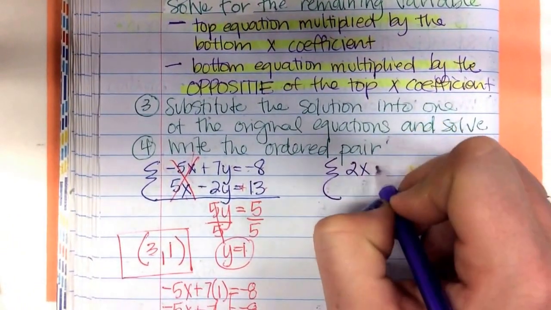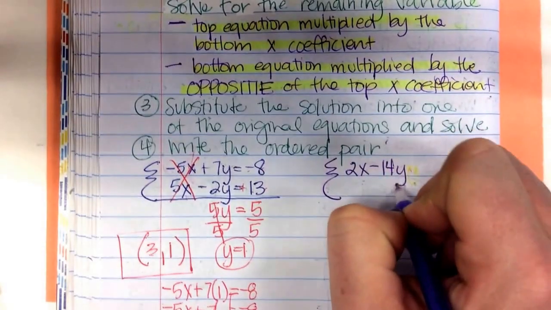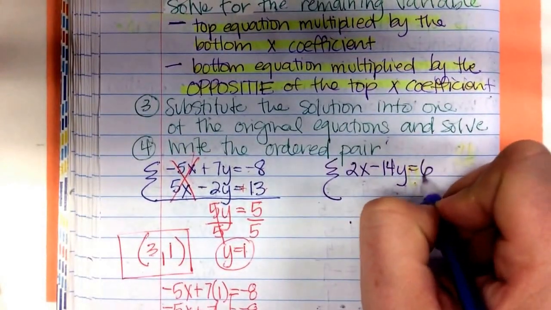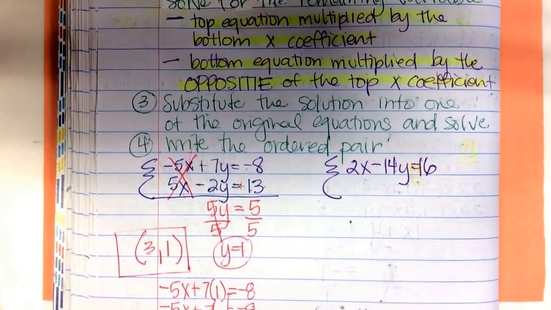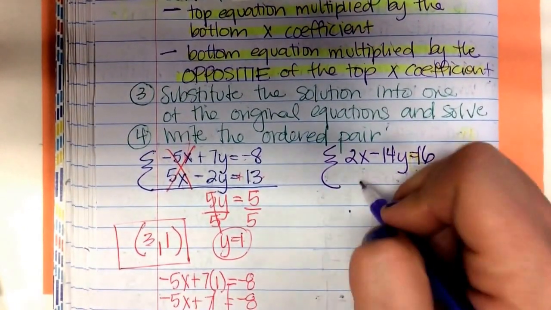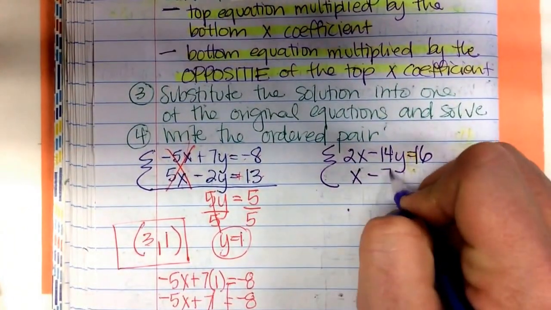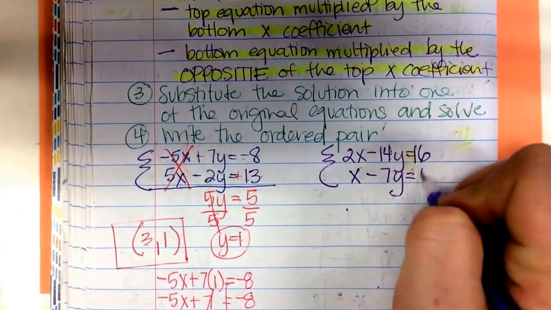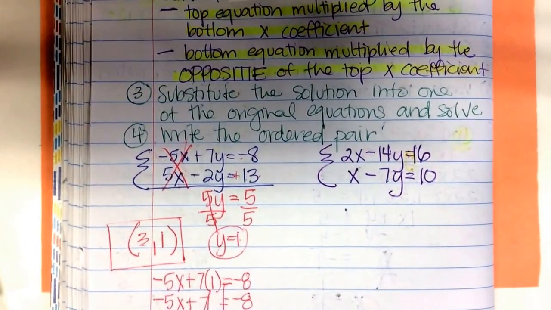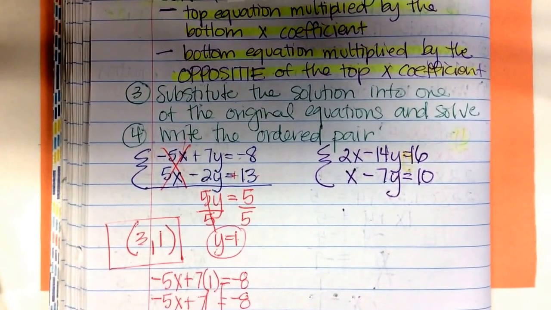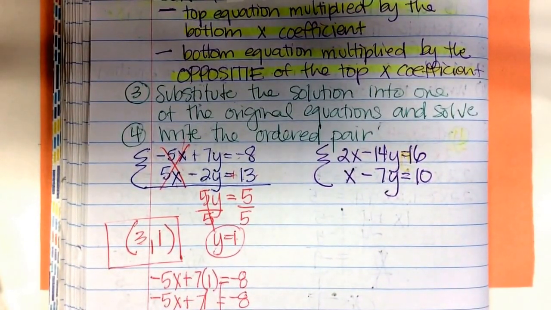2x minus 14y equals 16. And x minus 7y equals 10. Can I eliminate anything right away? Does anything disappear?